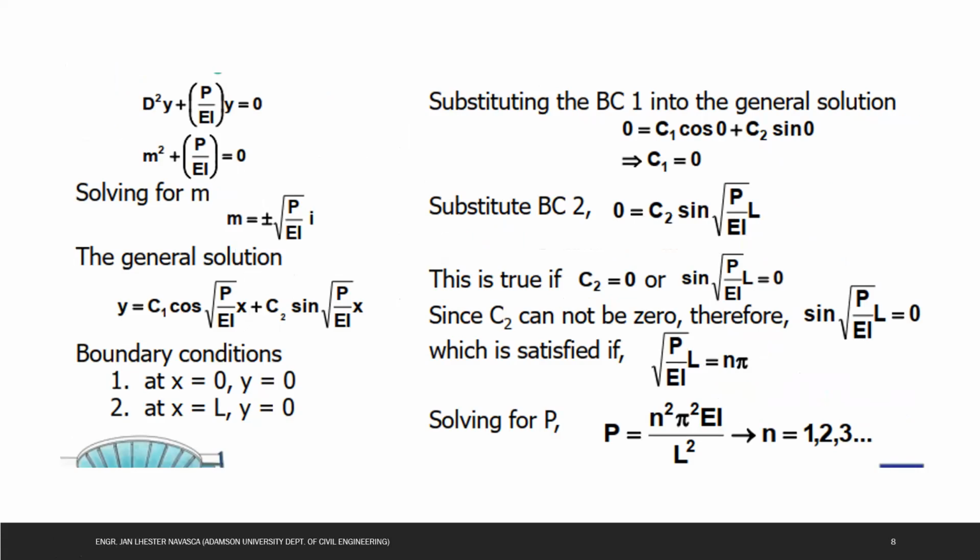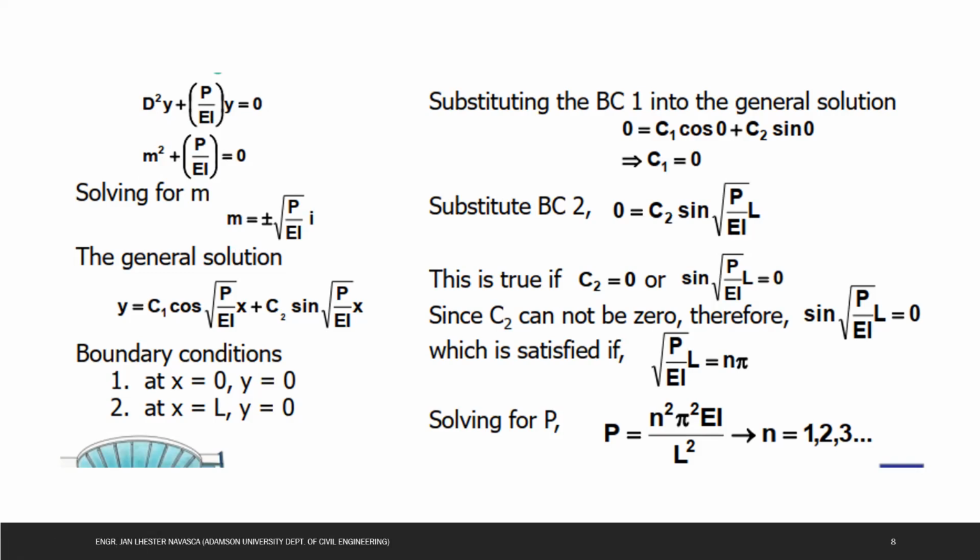If you recall your differential equations, the roots of our auxiliary equation give the solution of our ordinary differential equation. So we have d squared y plus P over EI times y equals 0. Okay. Then we take d squared y to be m squared, and we have m squared plus P over EI equals 0. Solving for the roots of our auxiliary equation, we have plus or minus the square root of P over EI times the imaginary number i.